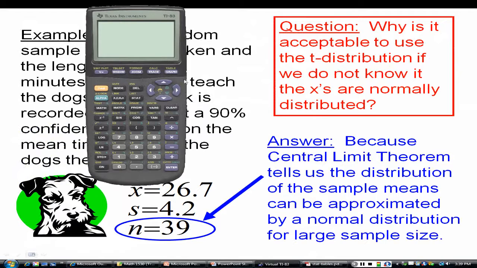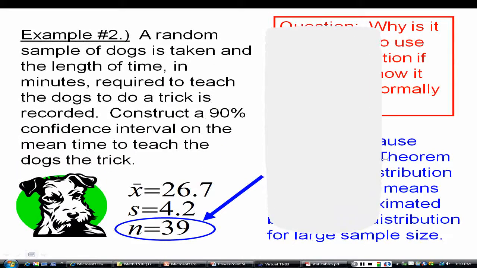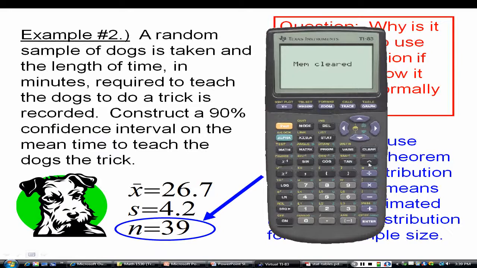Let's turn on the calculator. Now, I'm going to expand this a little bit. To find the confidence interval for the t-distribution on the calculator, press Stat, go over to Test, and, instead of z-interval, go to t-interval. See right there, the t-interval.